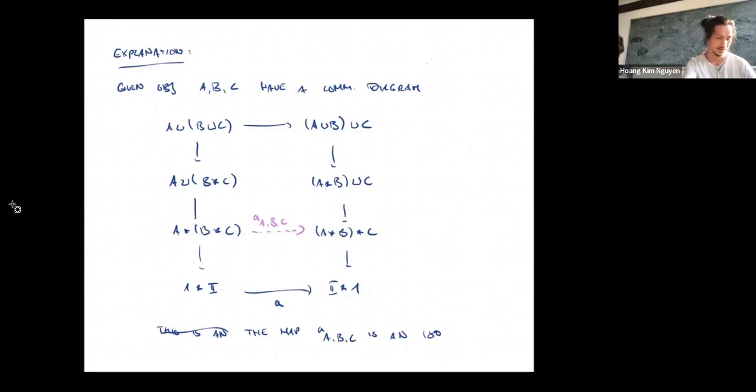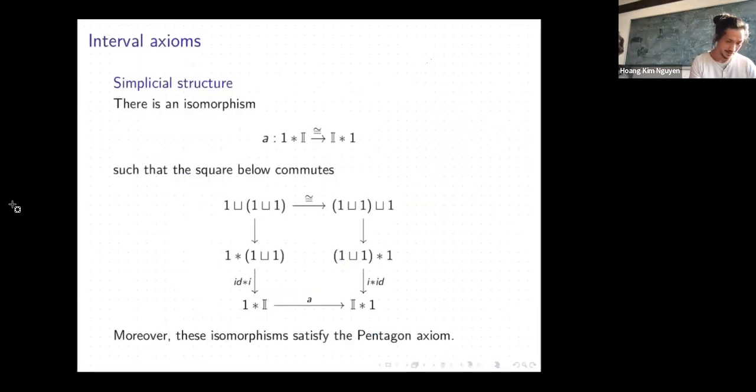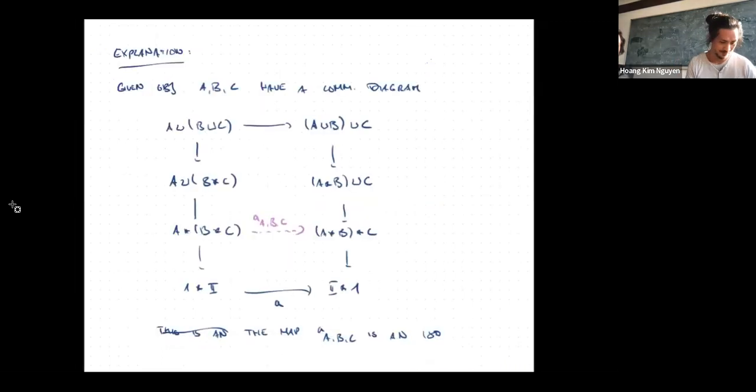And what we mean by this sentence here is that this pentagon axiom, this pentagon commutes.